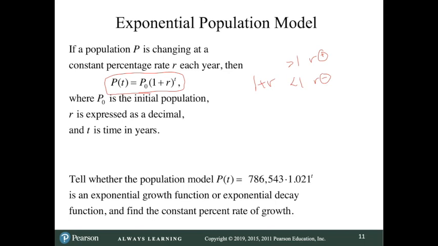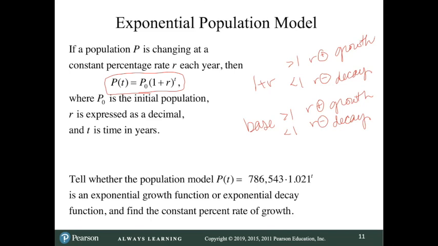So if I have a rate of growth, I add it. If I have a rate of decay, I subtract it. So if my base is greater than 1, then my rate is positive, and this is growth. If my base is less than 1, then my rate is negative, and this is decay. Okay, so that pulls everything together, our rates of growth or decay.